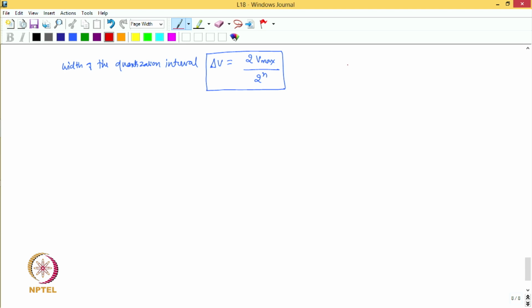We can also show it by a figure. Let us say the maximum voltage range that we want to measure is from plus V max to minus V max. That is the maximum range of voltage that can be accepted by the A to D converter. The signal to be measured must be within this range.